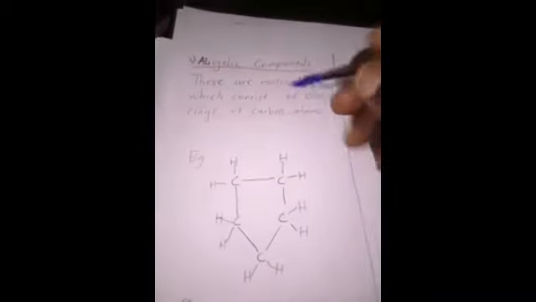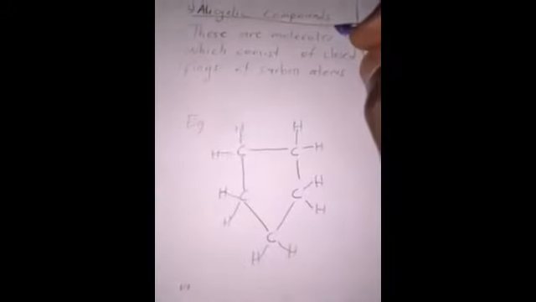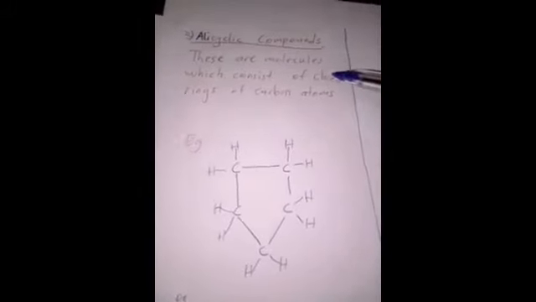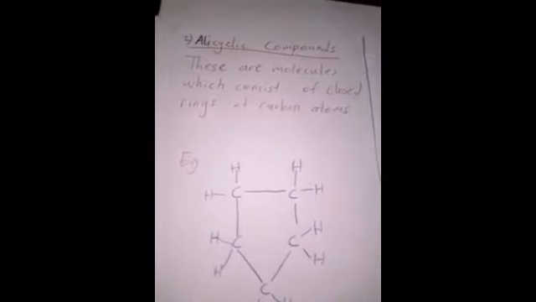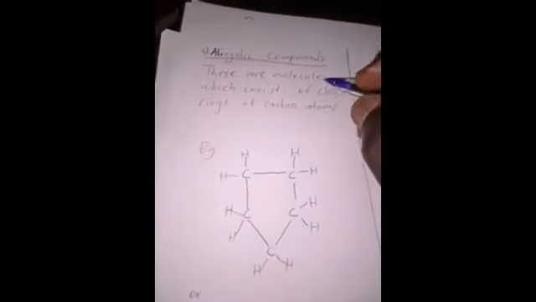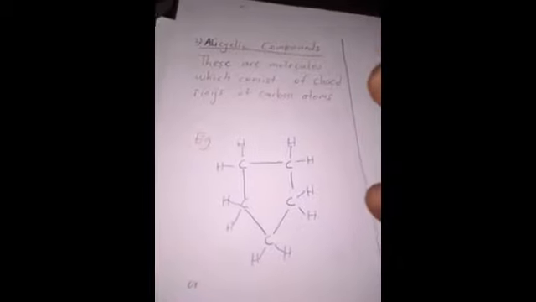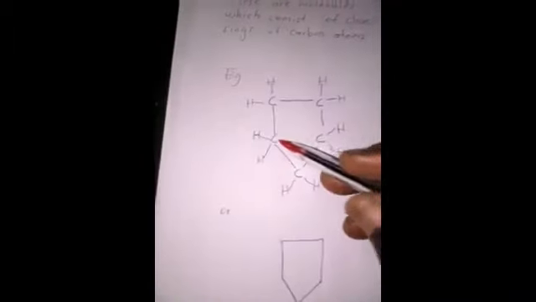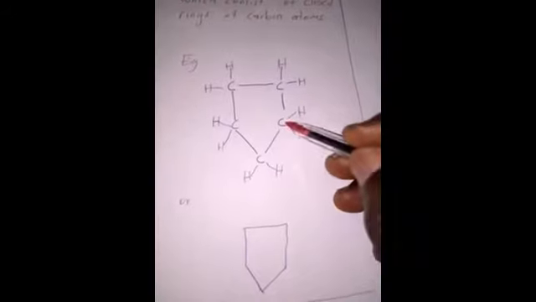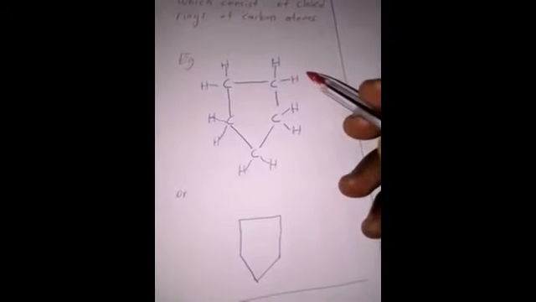Now, let's move on to the alicyclic compound. Alicyclic compounds consist of a closed ring of carbon atoms. The ring has to contain only carbon atoms. Let's look at an example here. We have a carbon atom and another carbon atom, each being bonded with 2 hydrogens.